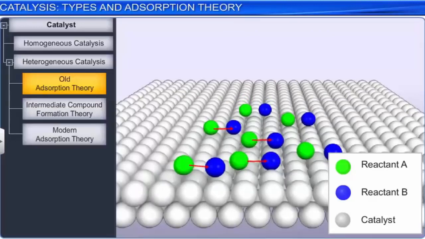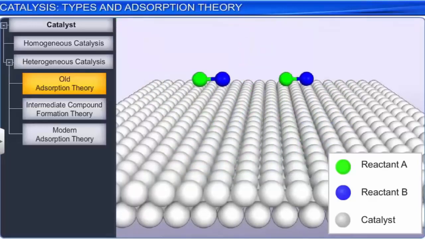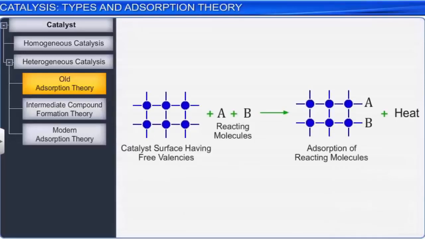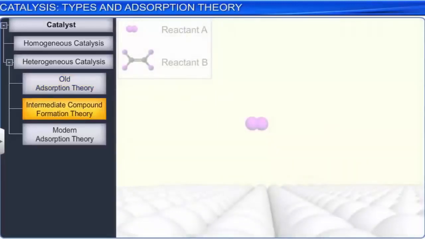The relative ease with which the product is separated from the surface of the catalyst helps a continuous chemical process to be initiated. Also, as adsorption is an exothermic process, the heat evolved in the reaction helps to speed it up. Let us now discuss the second theory of heterogeneous catalysis, the intermediate compound formation theory.